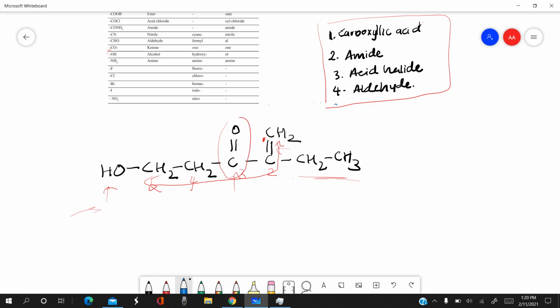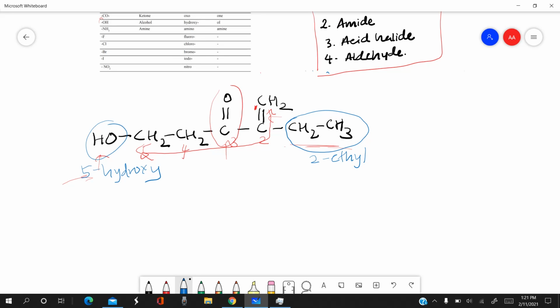And next, let's check out the substituent groups. 2-ethyl, this is 5-hydroxy. Now start naming according to the alphabetical order. So E comes before H, so 2-ethyl and then 5-hydroxy.